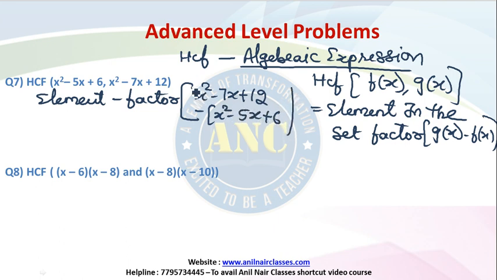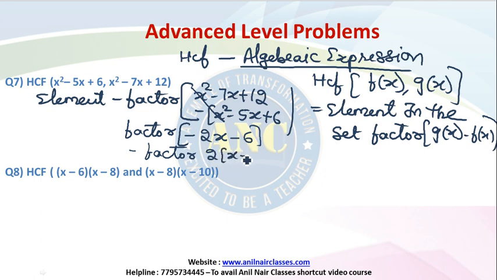So this is a factor of minus 7x plus 5x is minus 2x, minus 12 plus 6 is minus 6. So this is nothing but minus factor of 2 into x plus 3.